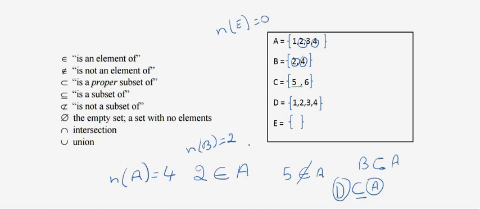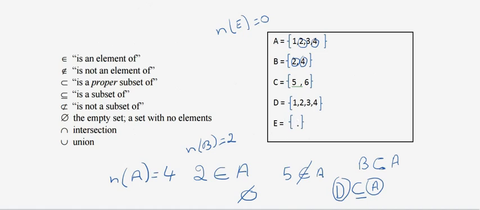Now we will further define what exactly a set with the number of elements as 0 is. There is a separate notation for that, which is defined here, which is an empty set. This symbol determines that this particular set is an empty set. There is no element within this particular set.